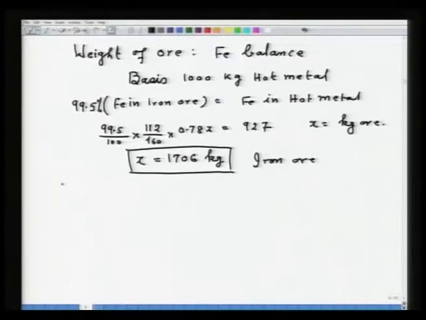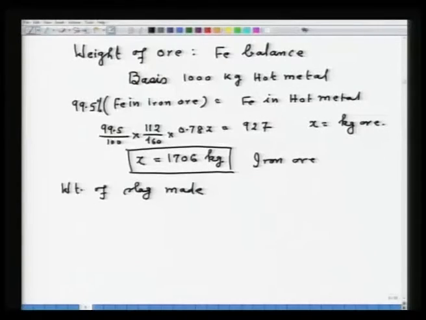Now, the next: slag is not given. So, we have to calculate weight of slag made. Here the concept is important. If you see the analysis given in the problem, the slag will consist of SiO2, Al2O3, MnO, P2O5, MgO, calcium oxide and so on.